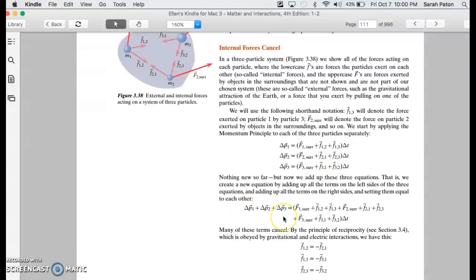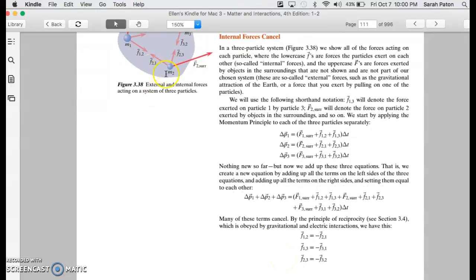So all of the changes in momentum are on the left, and all of the forces are on the right. And this is where reciprocity comes in, because many of these terms cancel by the principle of reciprocity. As we can see up here, the force on object 1 by object 2 is equal to the negative of the force on object 2 by object 1 by reciprocity.